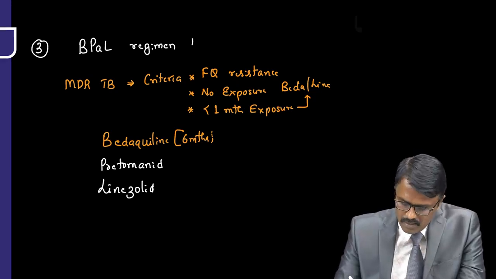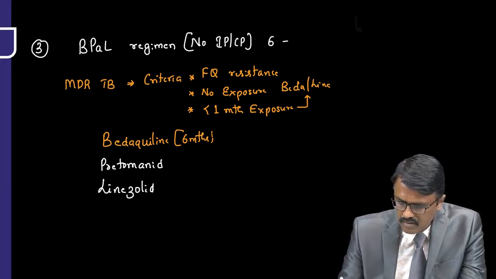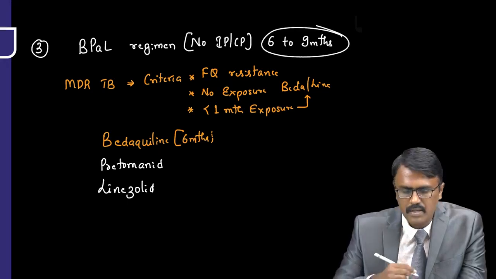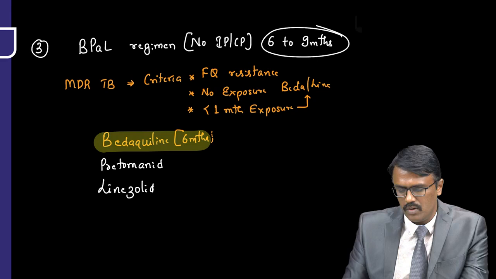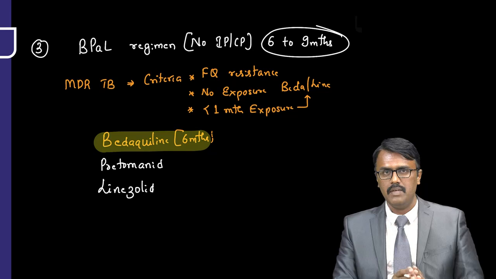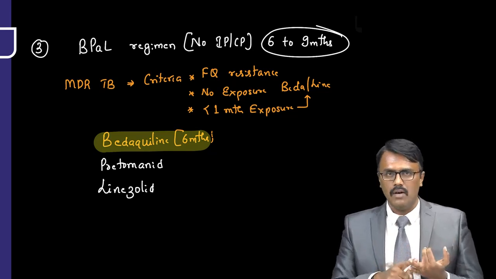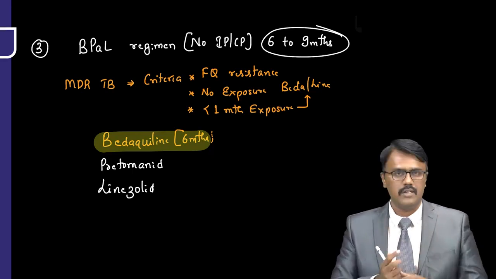Now in this BPAL there is no intensive phase or continuous phase. It is given for 6 to 9 months, but in that, bedaquiline should be used for only 6 months. So these are the regimens for MDR-TB: the shorter regimen, then the longer regimen which can also be used for XDR-TB, and the BPAL regimen. I told you the criteria for that.